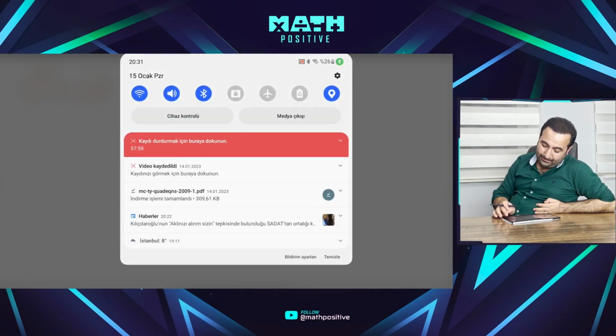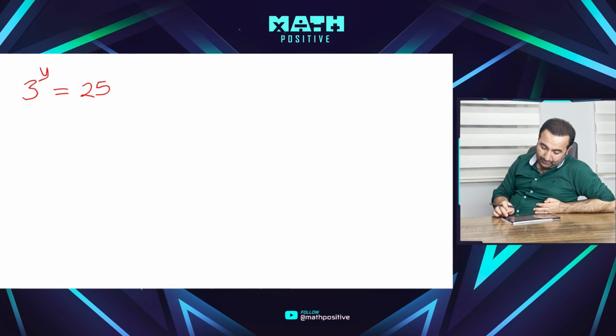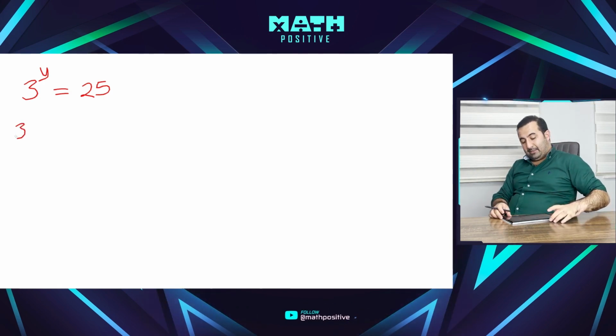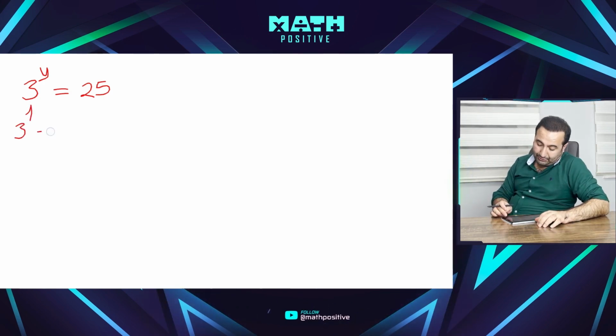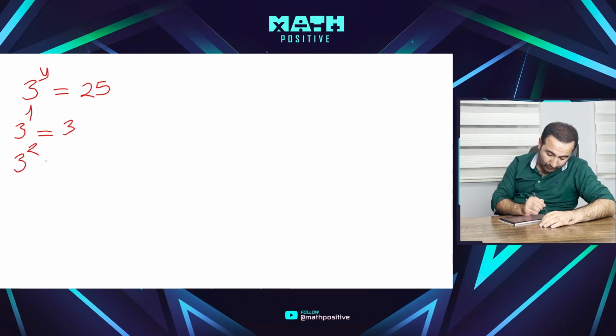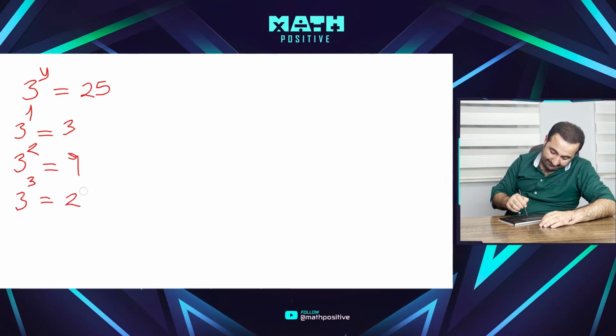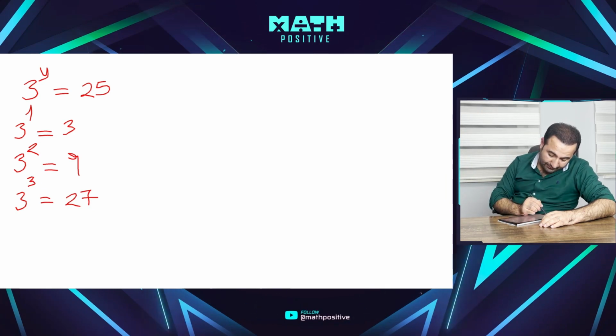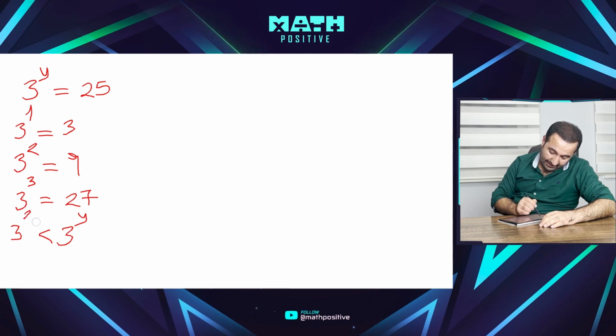Doing some similar operations for the other two, the second one was 3 to the power y equals 25. Let's see the powers of 3. 3 to the power 1 is 3. 3 to the power 2 is 9.